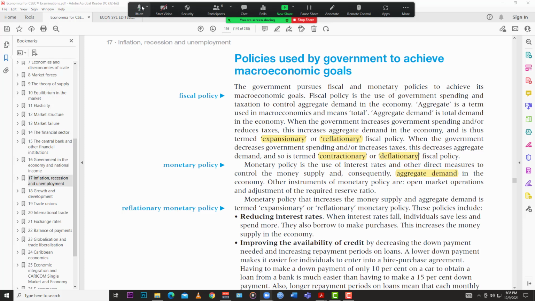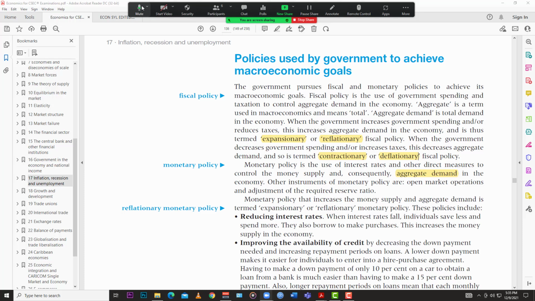So monetary policy is the use of interest rates and other measures to achieve certain broad economic objectives, such as manipulating the money supply. The main aim is to manipulate the money supply using interest rates, open market operations, and all those things that we discussed before, repo rates, reserve requirement ratio.